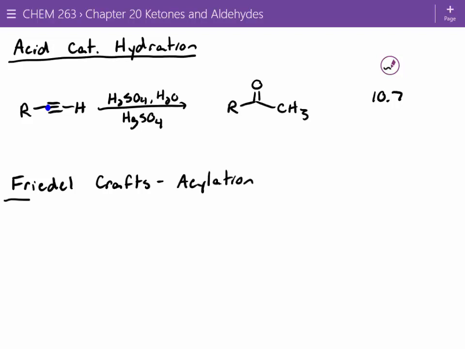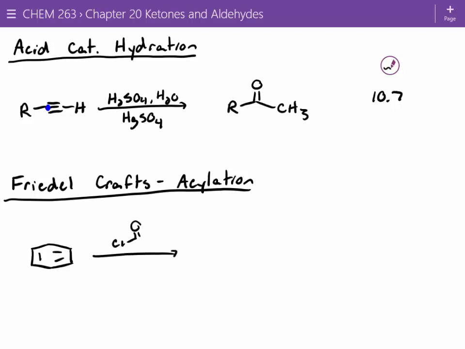So we do have a new method of making ketones. Specifically, if we have benzene, we need an acid halide and aluminum trichloride. And if we do that, we can install a new ketone directly onto a benzene ring.